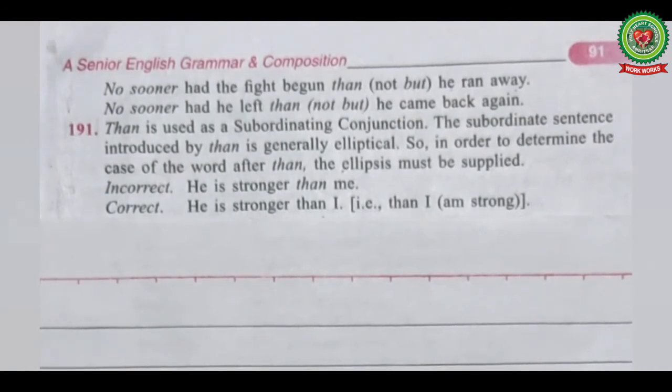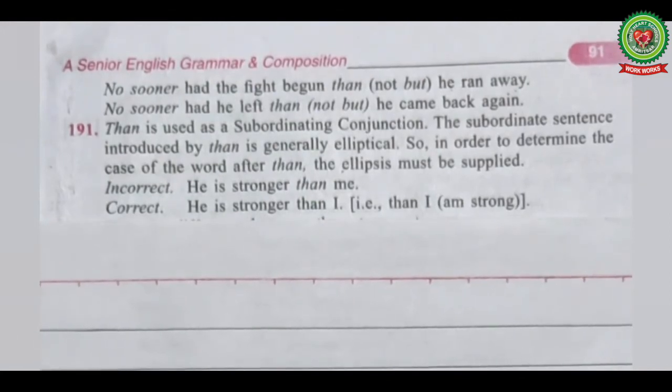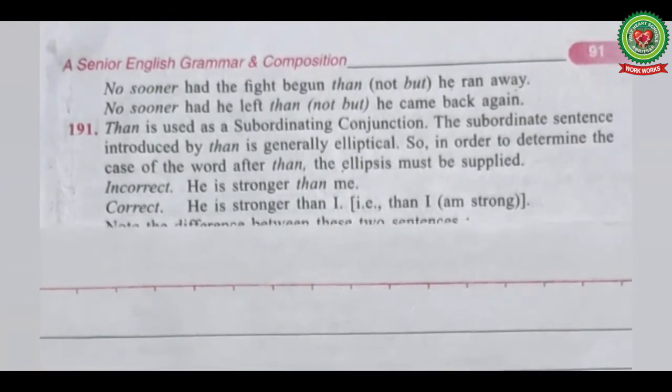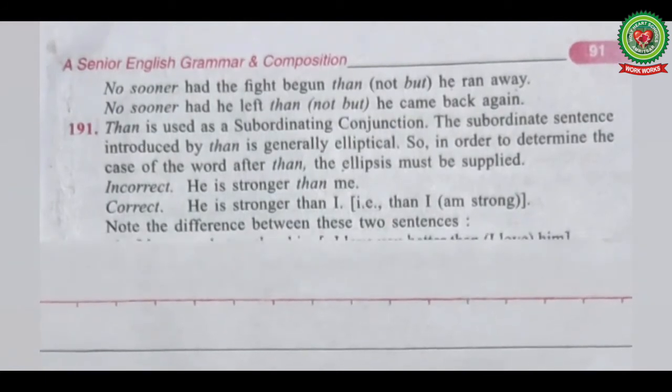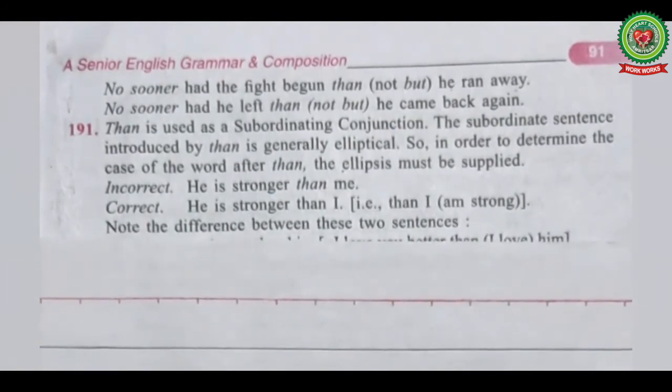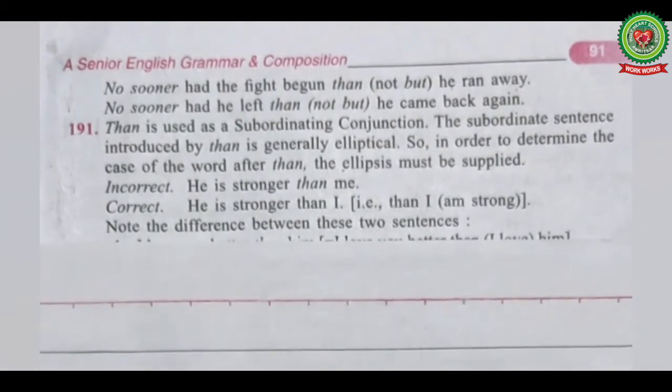Therefore, the pronoun after than, that is me, will also be in the subjective case. So, our answer will be he is stronger than I am strong. We'll supply ellipses, that is, we will leave the words am strong. So, the correct answer will be he is stronger than I.